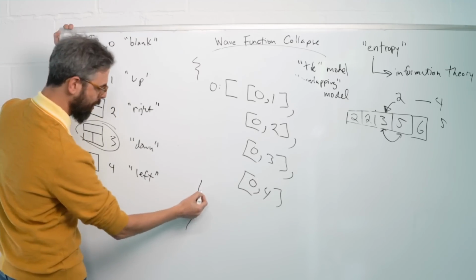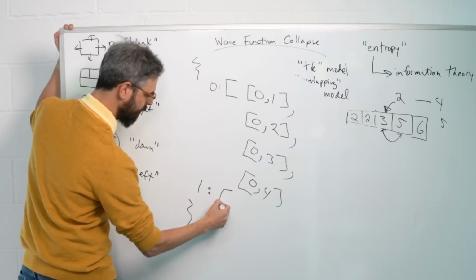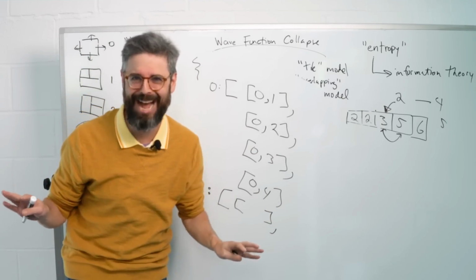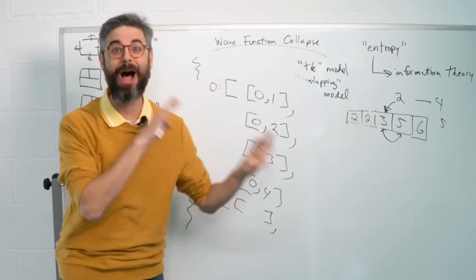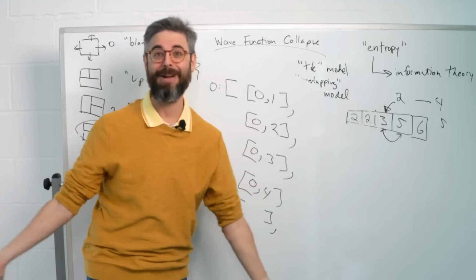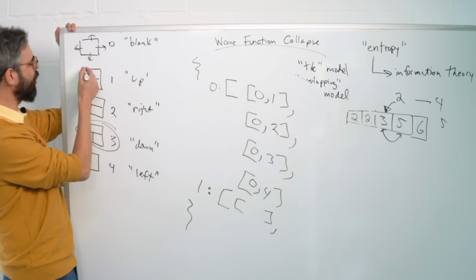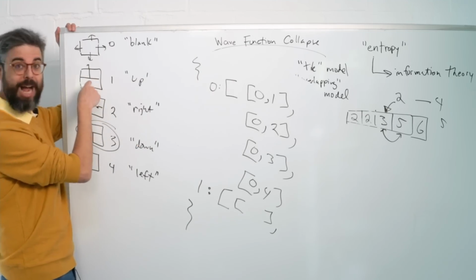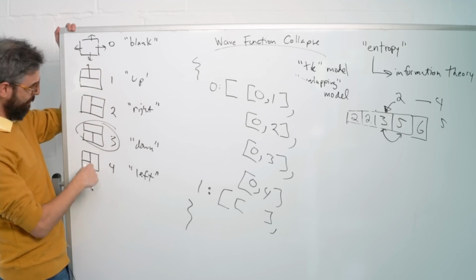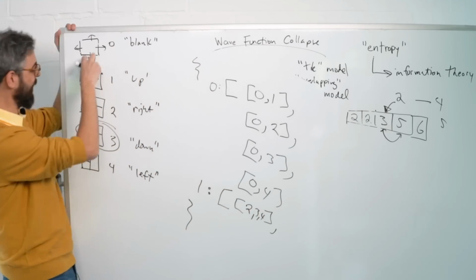So now if I were to look at tile 1, however, and again, this is just me coming up with a way of doing this right now. There's probably a more standard or optimal way of doing this. I'll hopefully address that at some point later in this 700-hour video. But here, what could go above it? For tile number 1, tiles that could go above it are 2, 3, and 4, but not a blank tile.